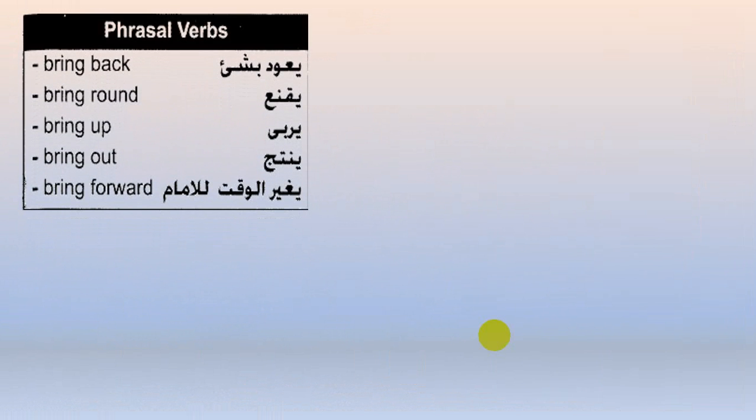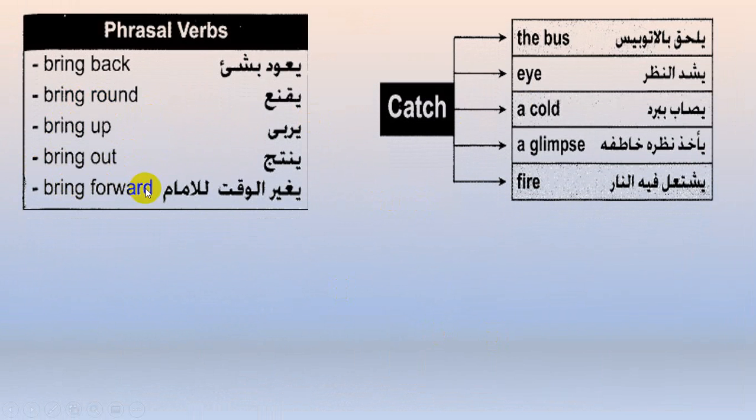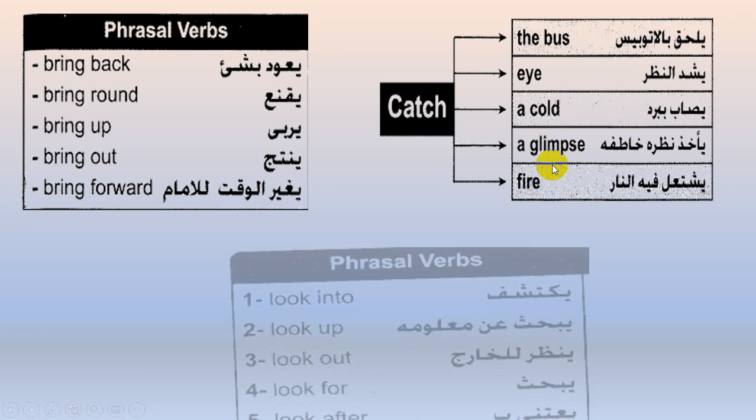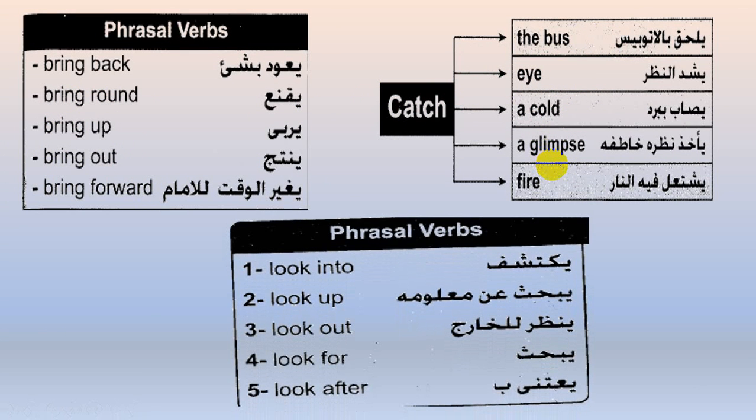Phrasal verbs with bring: bring back, bring around, bring up, bring out, bring forward. Also catch: catch the bus, catch the eye, catch a cold, catch a glimpse, catch fire. The last one, phrasal verbs with look: look into, look up, look out, look for, look after.